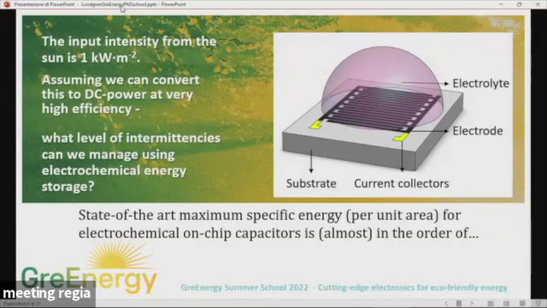So to begin with, each of you individually think about in what way you would try to frame what kind of order of magnitude we could expect for energy per unit area.